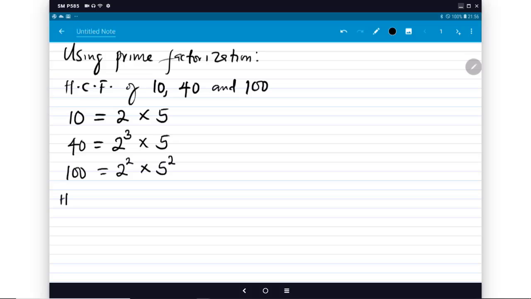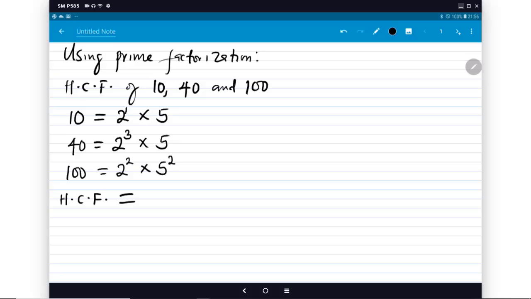Now, to find our HCF, we look for the common factors, that is, factors common to these three numbers. As you can see, 2 is common, 5 is common. So you pick only the common ones. If there's any factor you can see here that is not here or here, then you cannot pick that factor. And now we have to look for the one with the lowest power.